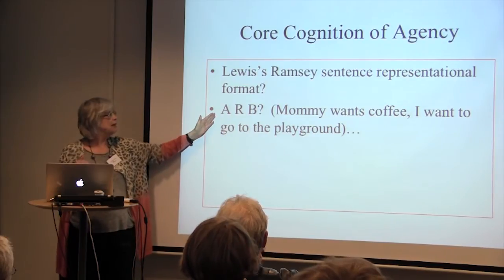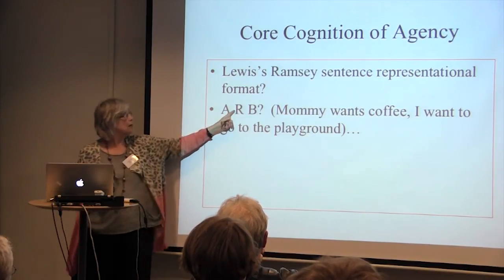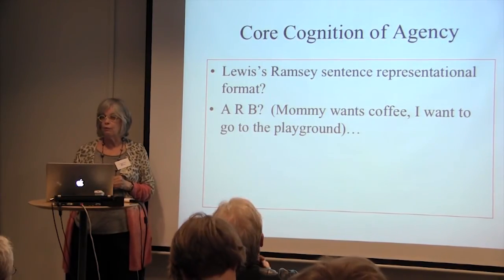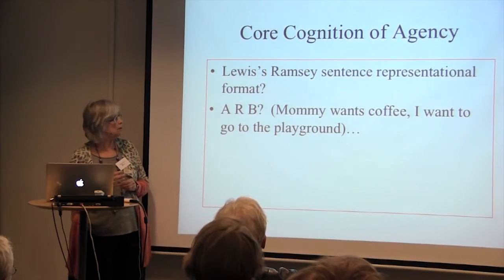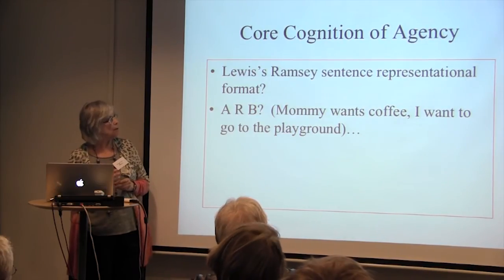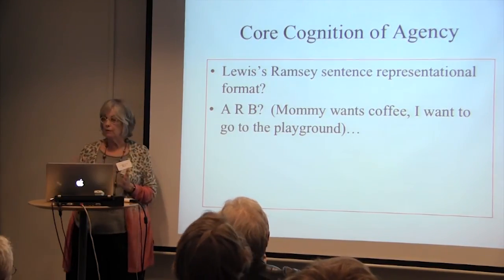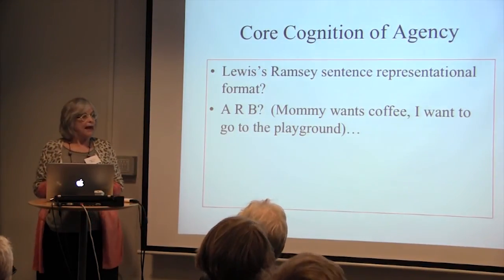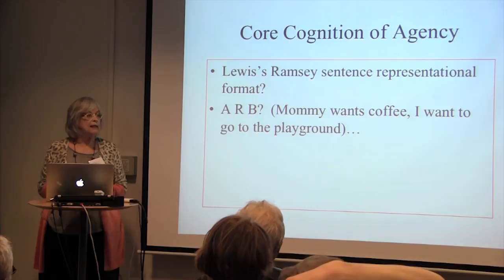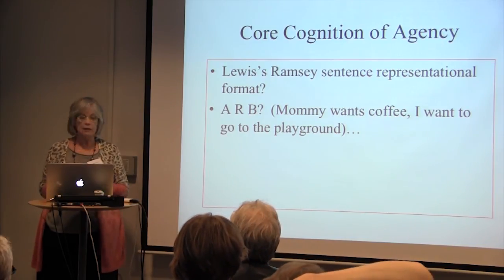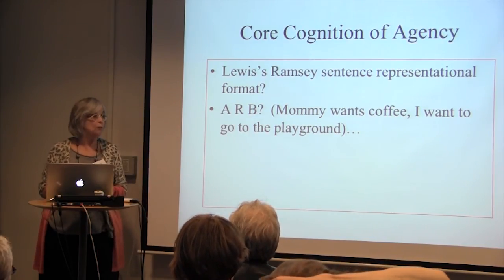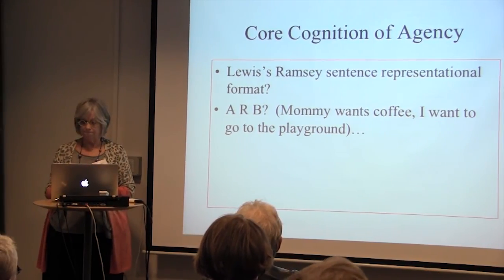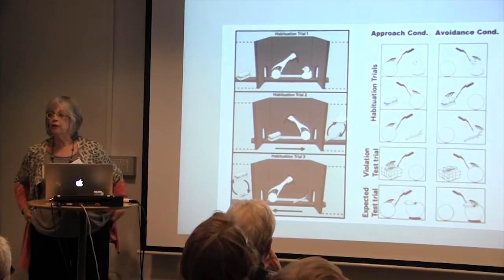Do they have a schema like ARB, where R is some relation like wants that can be plugged in, so they can think, mommy wants coffee, I want to go to the playground, etc. Okay? If that's so, you might think this kind of representation could compose with not if they had a symbol for not. Okay? So let's see whether they do.